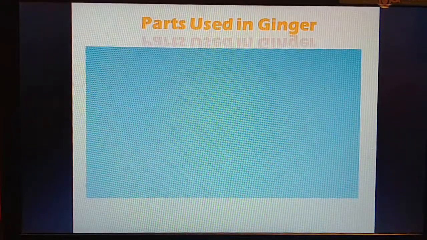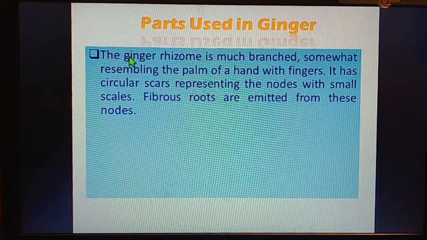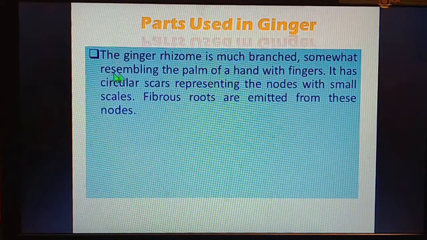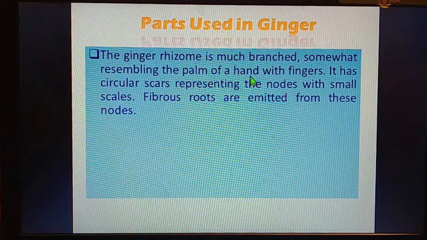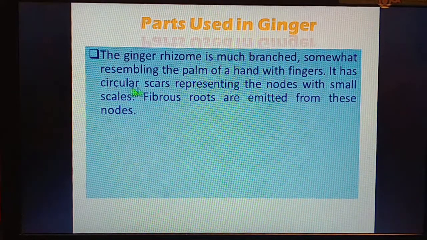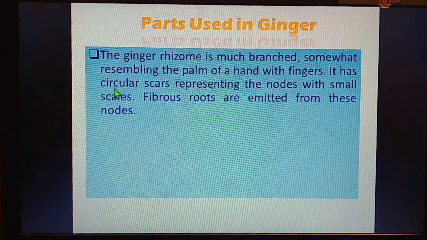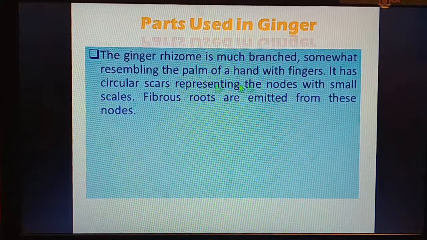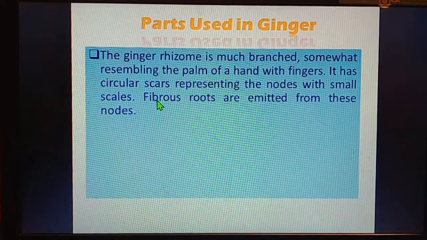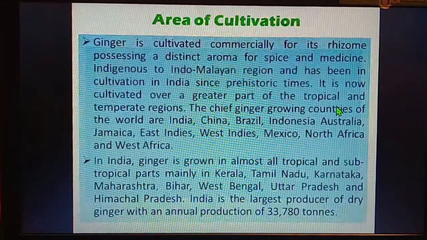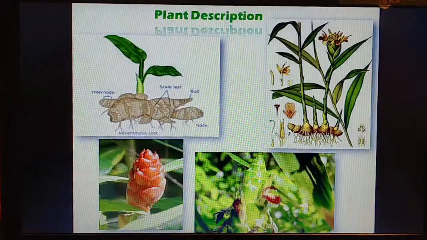Now coming to the parts used in ginger: the ginger rhizome. The rhizome is much branched, somewhat resembling the palm of a hand with fingers, and it has circular scars. Those circular scars represent the nodes with small scales. We also have the fibrous roots that are emitted from these nodes, as you can see here in this figure.